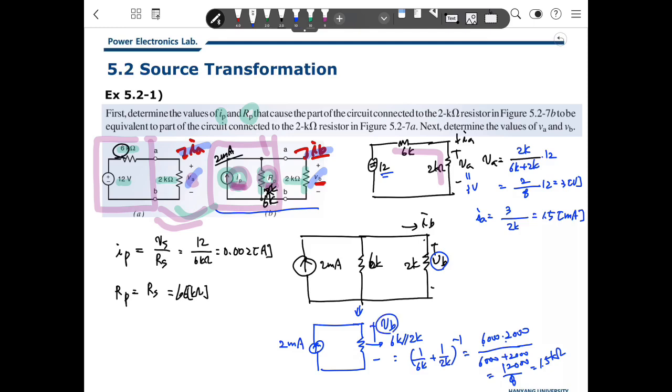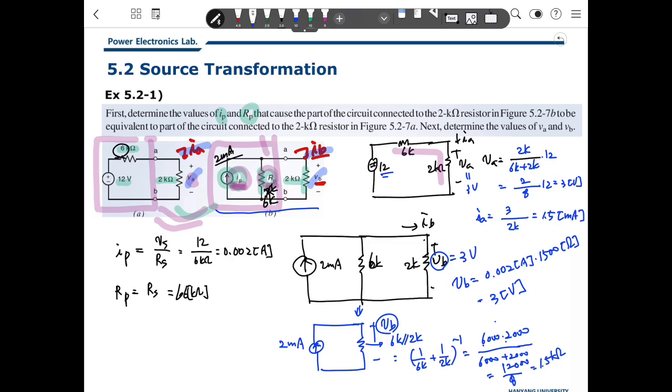So what is VB? VB will be 0.002 ampere times 1.5 kilo ohm, which is 3 volts.